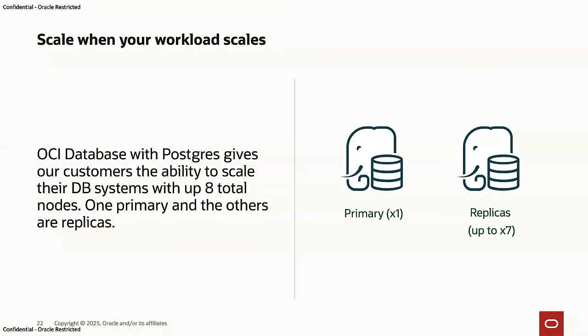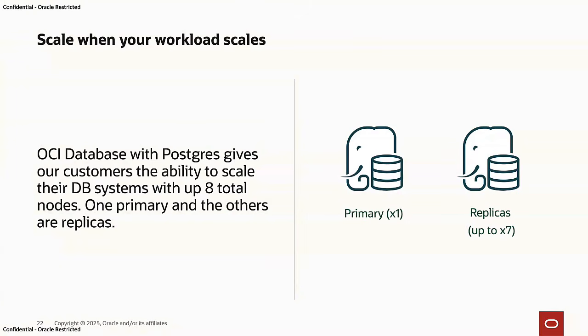Scaling. Okay, this is another important topic, especially as your application grows in traffic, right? Just as a more general concept of scaling, before we talk about OCI, scaling can happen in 2 primary ways. You can either scale up, which, as we talked about with the OCPUs and the memory, means adding more CPUs or more memory, basically more compute, to your existing node or nodes to handle an increase in traffic.